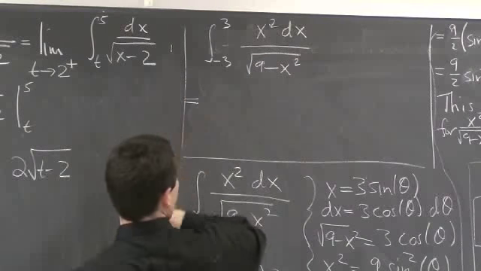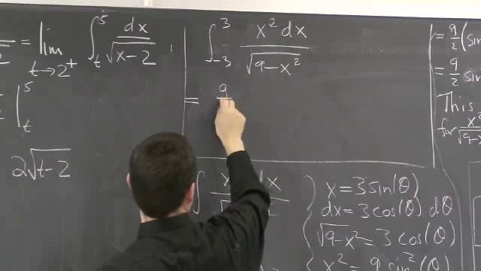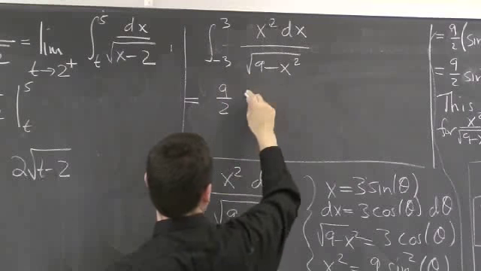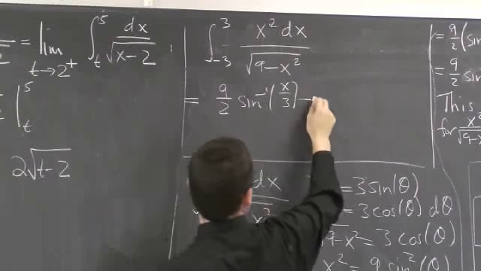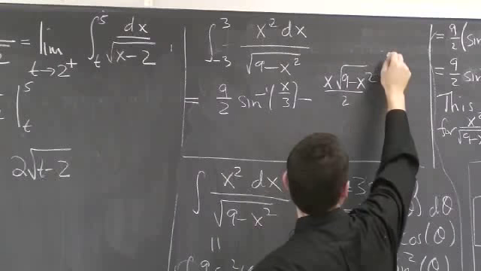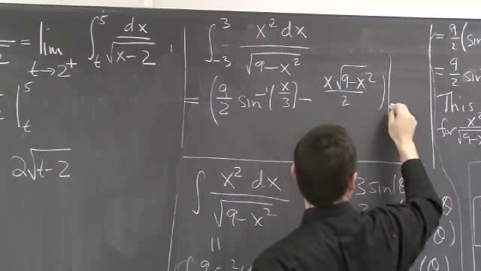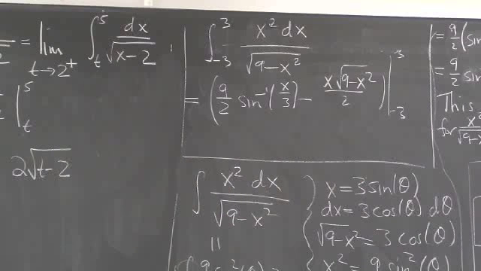So this equals 9/2 arc sine x over 3 minus x square root of 9 minus x squared over 2, evaluated at minus 3 and 3. We don't have to deal with the limits at all. So this is very nice. This is a nice little shortcut.